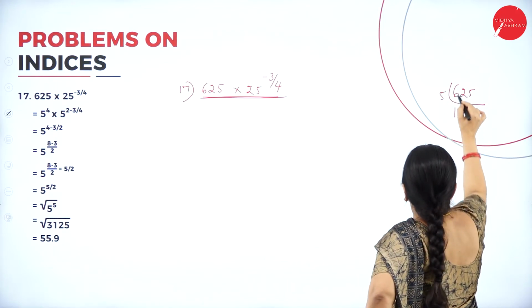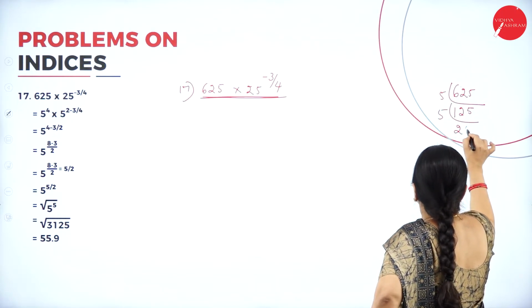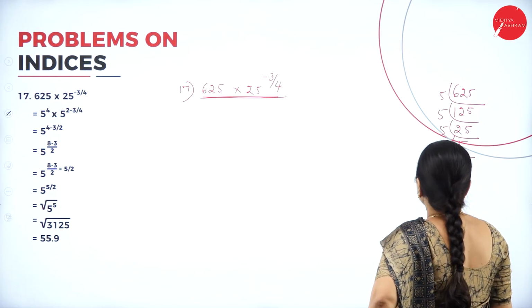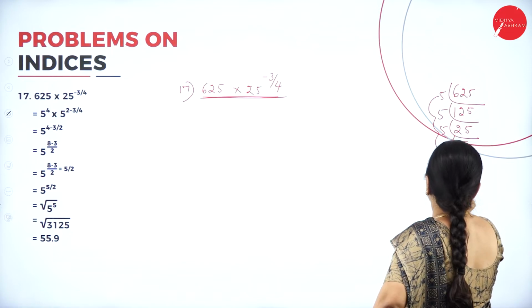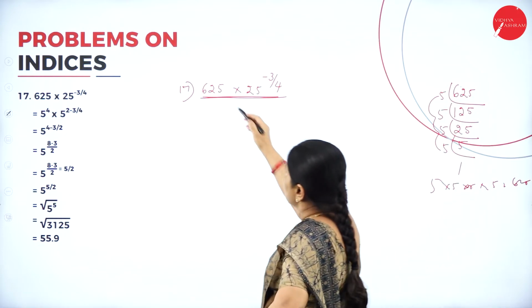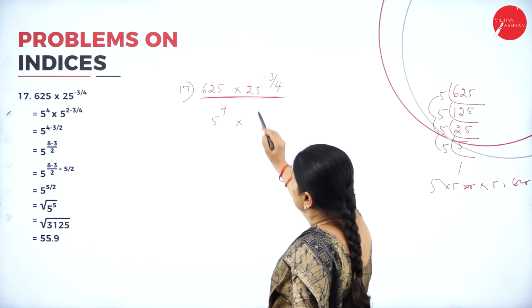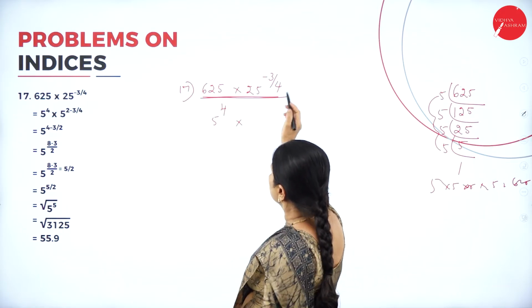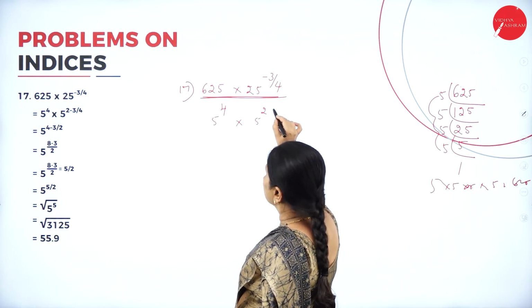So, I will write 5 ones are 5, 5 twos are 10, 5 fives are 25. Again, 5 twos are 10, 5 fives are 25. Again, 5 fives are 25, 5 ones are 5. So, if you can see here, if you multiply 5 into 5 into 5 into 5, I am getting 625. So, I am writing this as 5 to the power of 4 into. Now, this 25, it is a square of 5. Now, 25 to the power of minus 3 by 4. So, this will be equal to 5 square and minus 3 by 4.